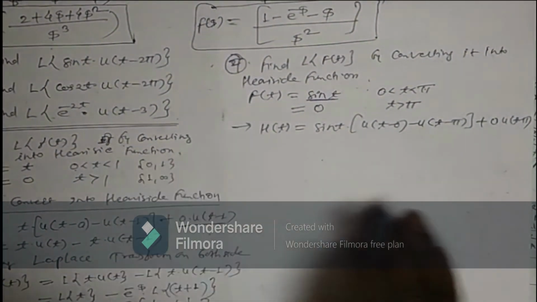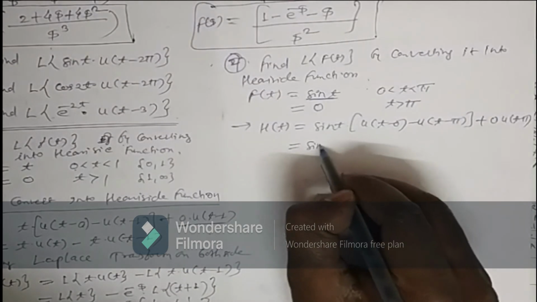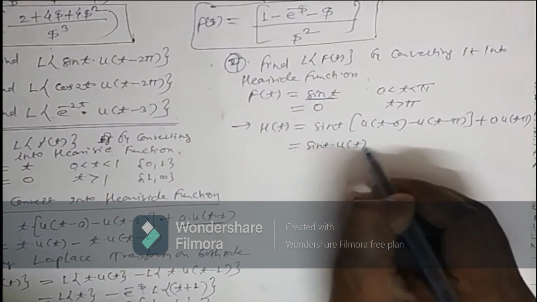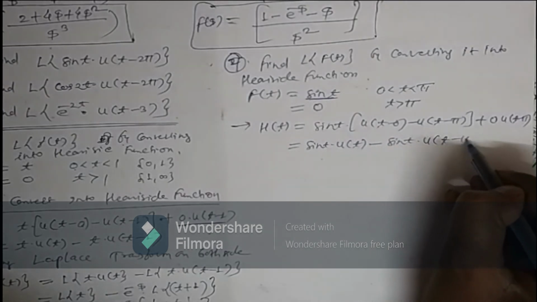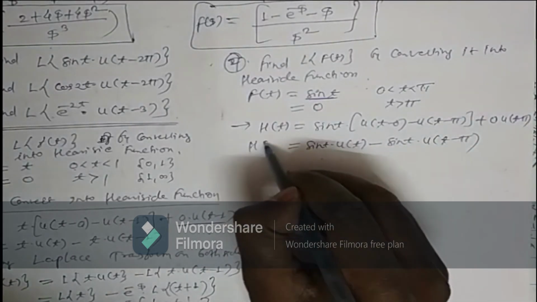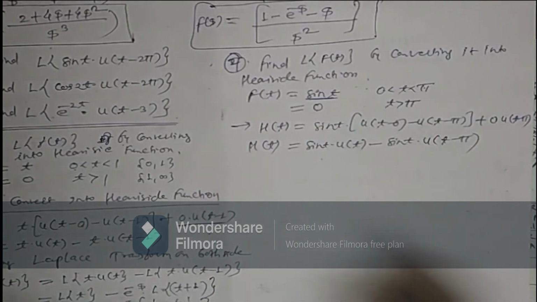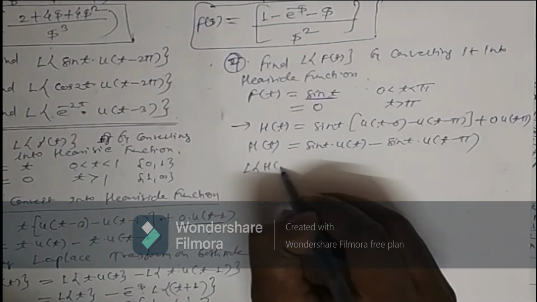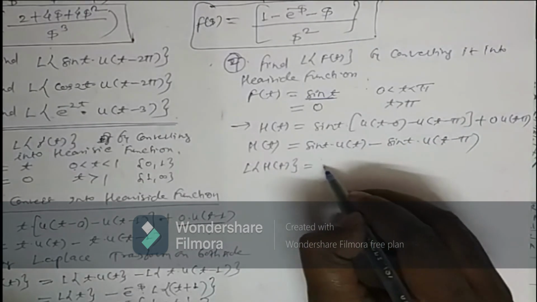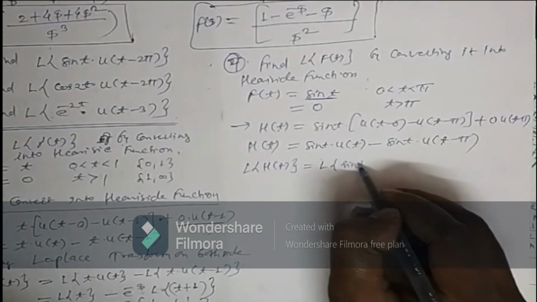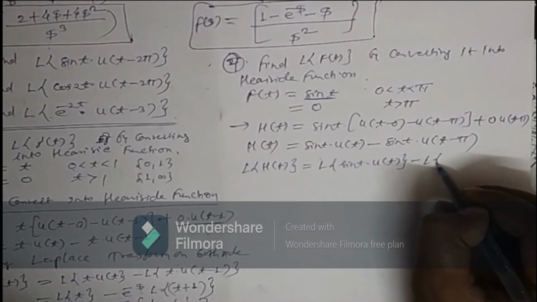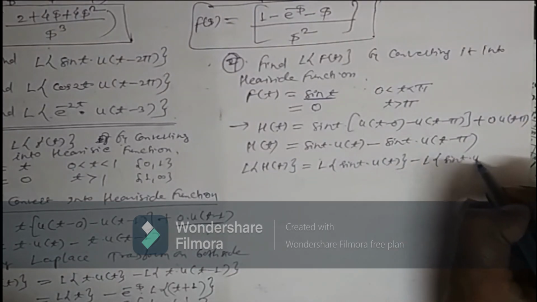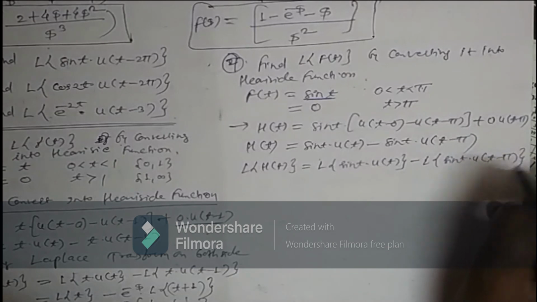Now that is equal to sin t into u of t minus sin t into u of t minus pi. Okay, so this is h of t, this is Heaviside function. Now taking Laplace transform on both sides, what we get? Laplace transform of h of t is Laplace transform of sin t into u of t minus Laplace transform of sin t into u of t minus pi.